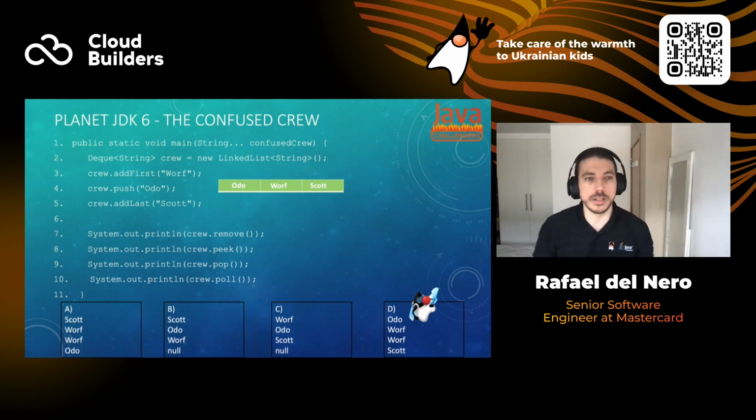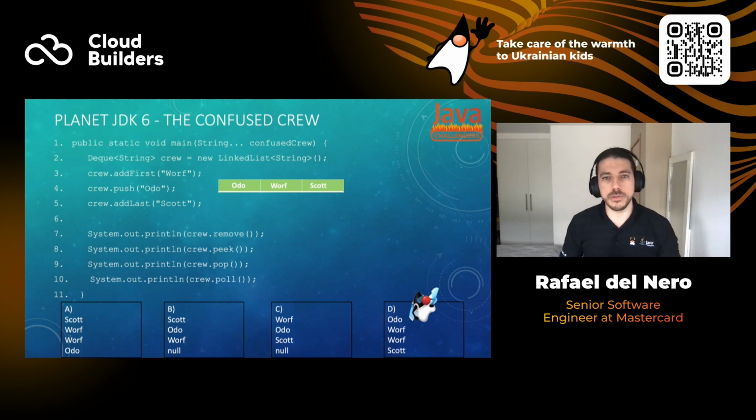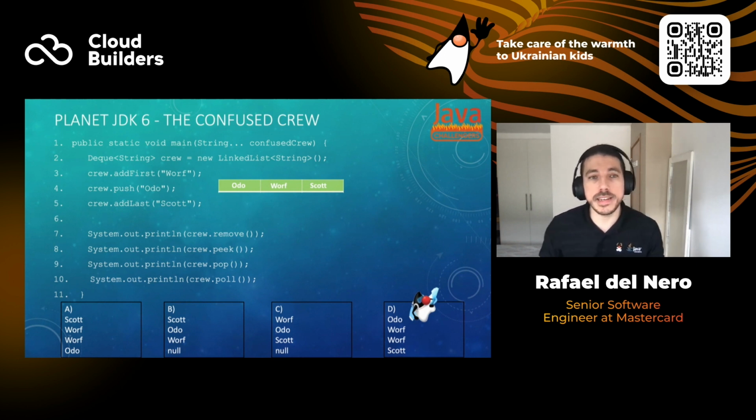So it's a powerful interface to keep in mind and to use. And as you know, stack and queue are very important data structures that you must know as a software engineer.